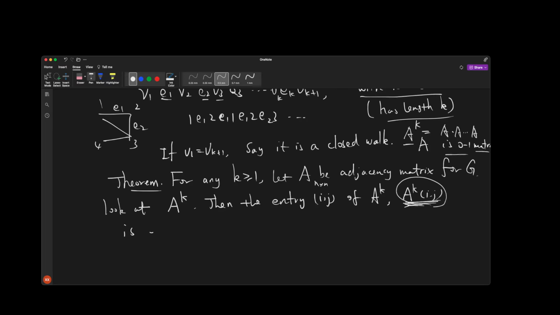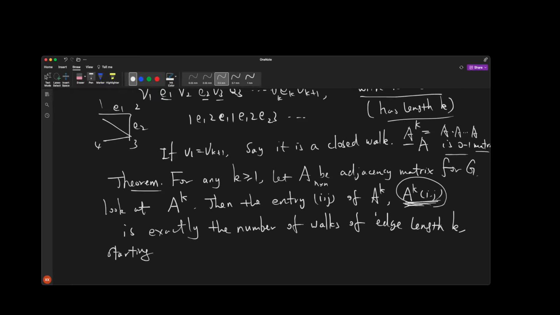So this entry is exactly what? The number of walks of edge length k, starting from the vertex i and ending at the vertex j.